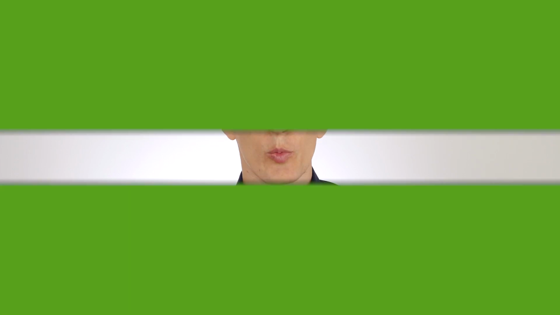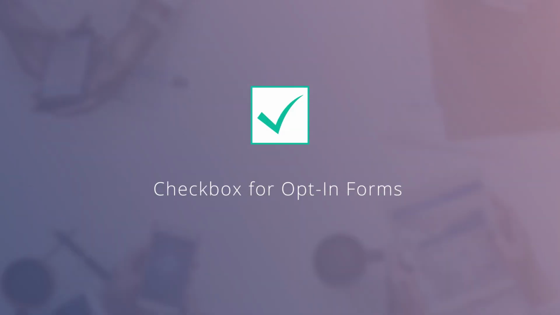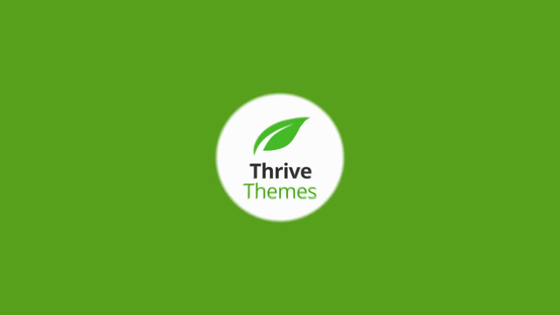Number one, the first thing that we are going to be adding is for all our opt-in forms. When you create an opt-in form using Thrive Leads or Thrive Architect, we will add an option there to add a checkbox for added consent. So if you need to or want to add a checkbox to an opt-in form that gets explicit consent, such as "check this box to receive our newsletter," or "yes, by signing up and checking this box, I agree to receive the newsletter," and so on, that gives you this proof of consent.